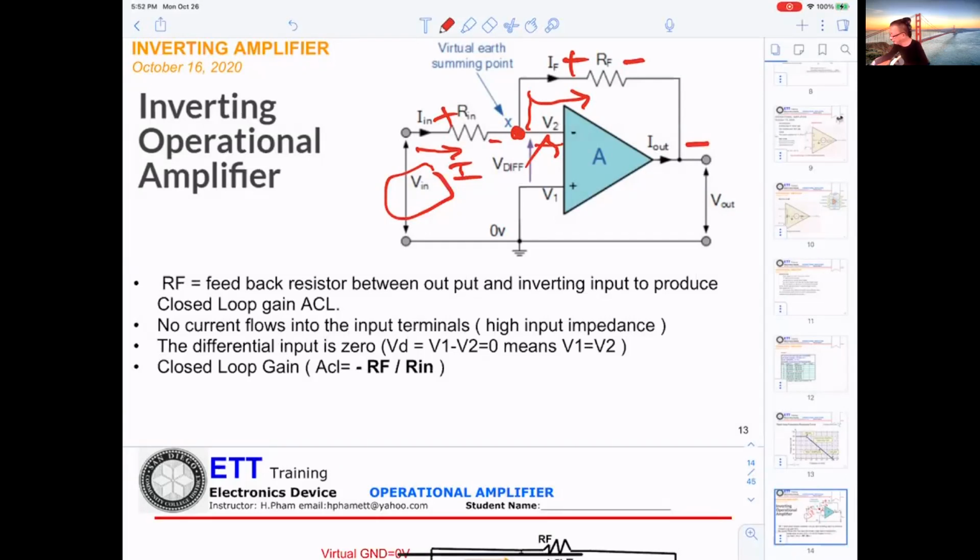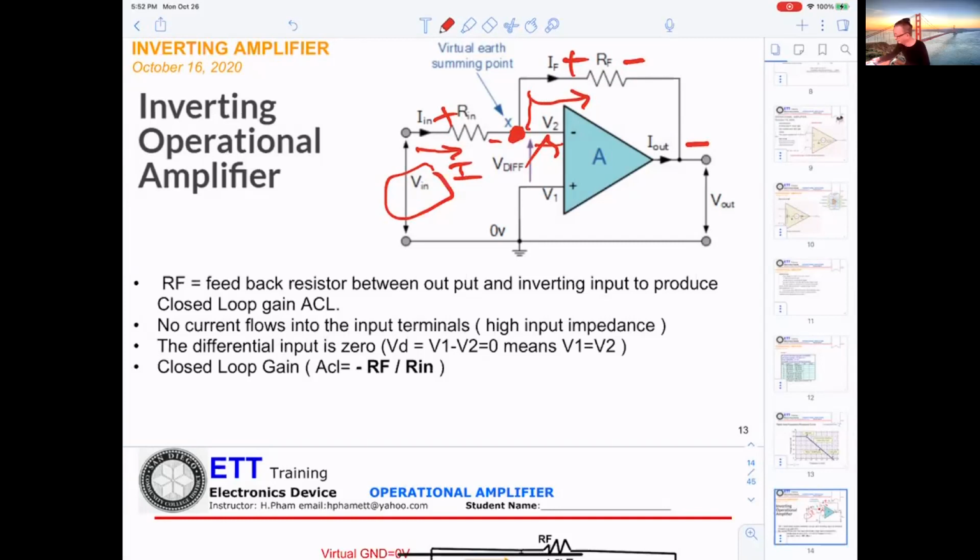And this one here, how many volts are on that point? Zero. Why zero? Same as V1. Perfect.